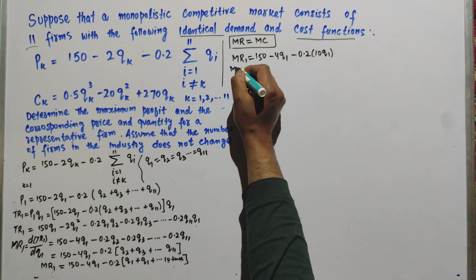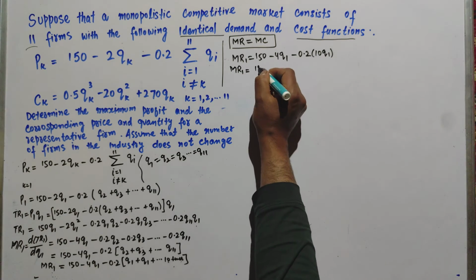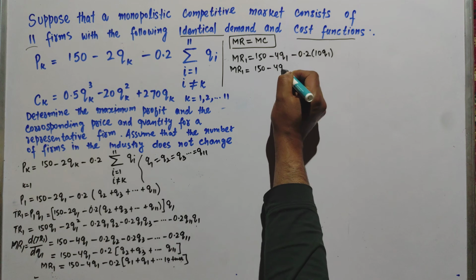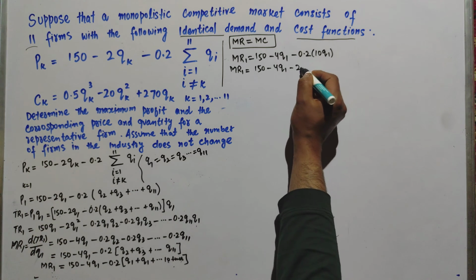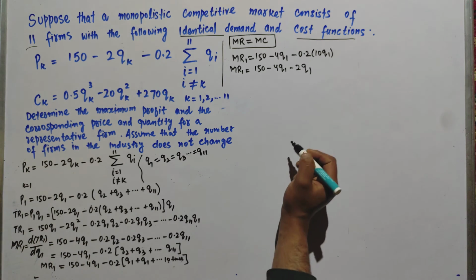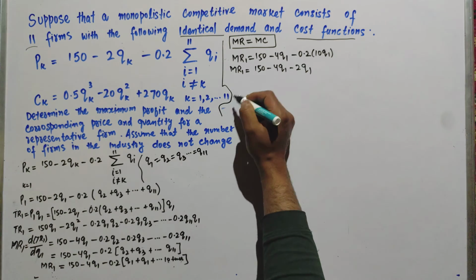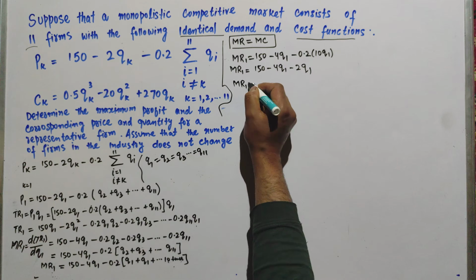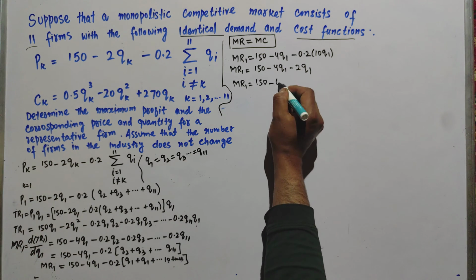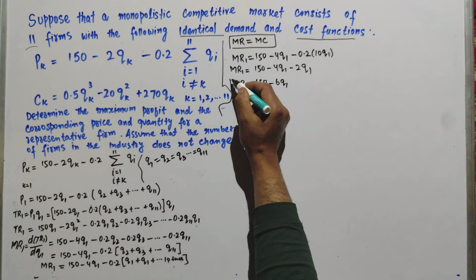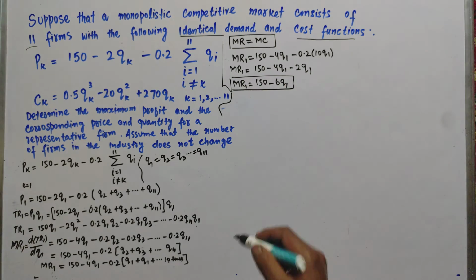So marginal revenue of firm 1 will be equal to 150 minus 4 Q1 minus 0.2 into 10 is 2 Q1, which will be equal to 150 minus 6 Q1. This is the marginal revenue function of our representative firm, which is firm 1.